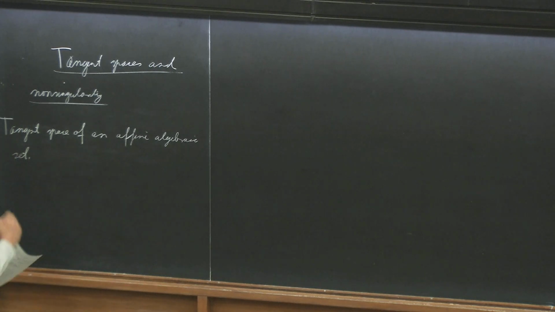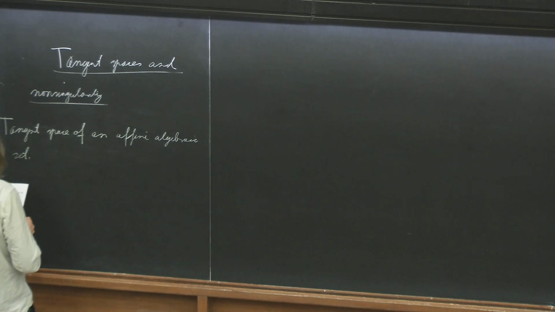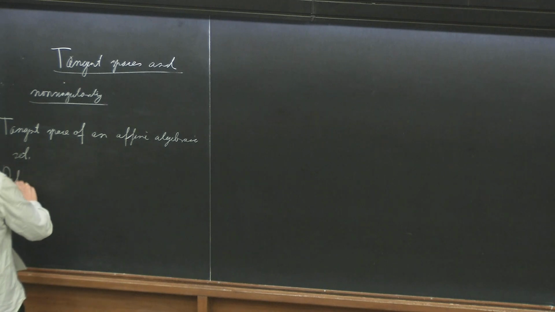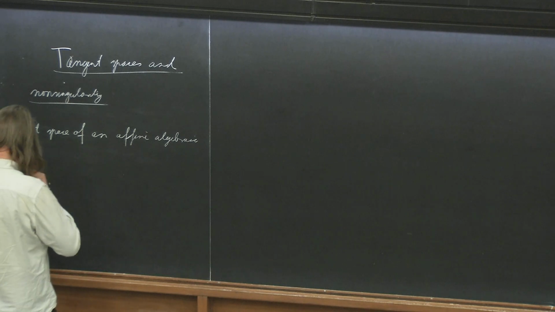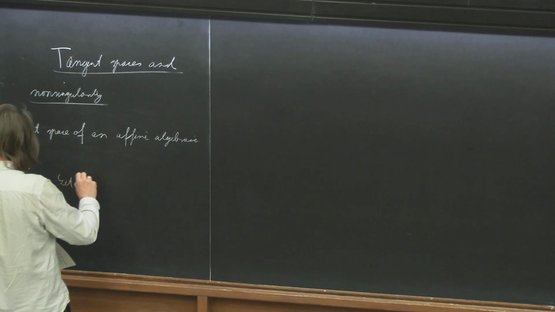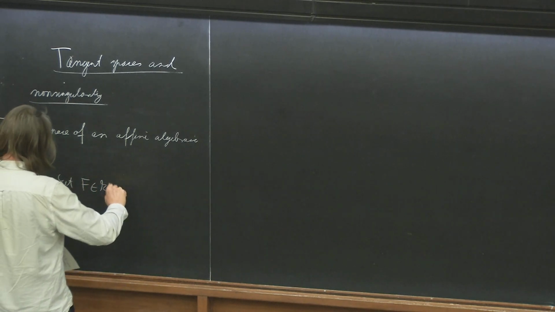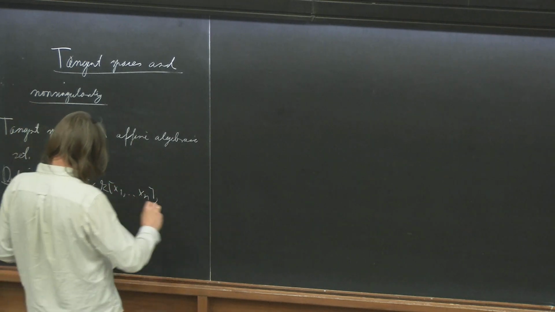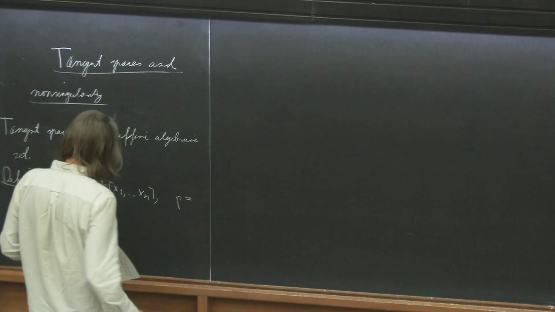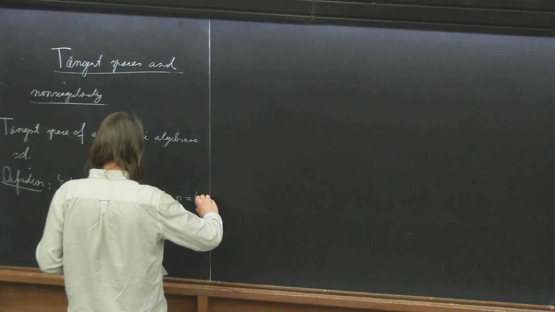So first introduce the differential of a polynomial. Definition. So let f be a polynomial in n variables and p a point in A^n.